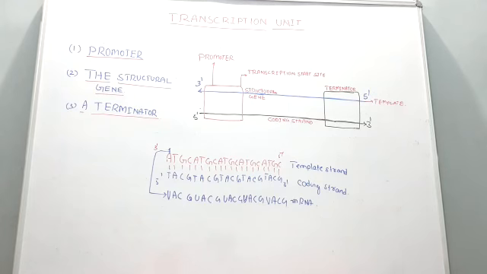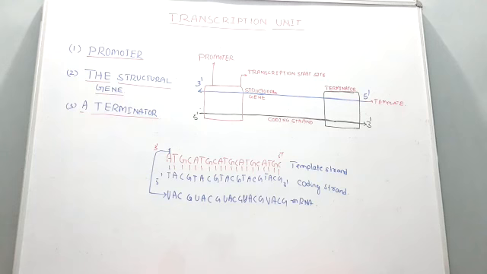The enzyme involved here is DNA dependent RNA polymerase. In the examination also, if you know the template strand, then you can predict the messenger RNA sequence. You can read the messenger RNA sequence very easily because we know the complementarity.